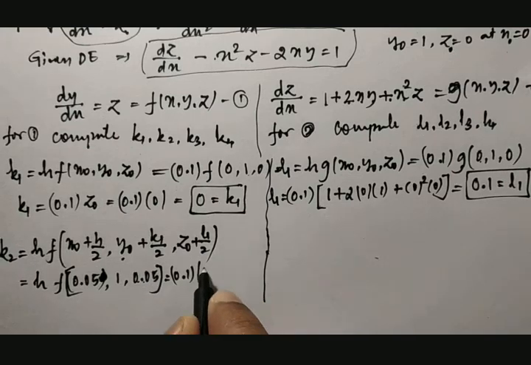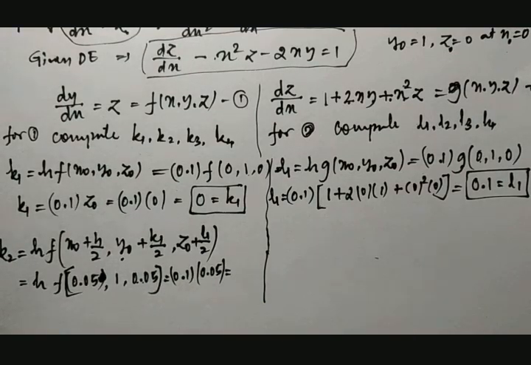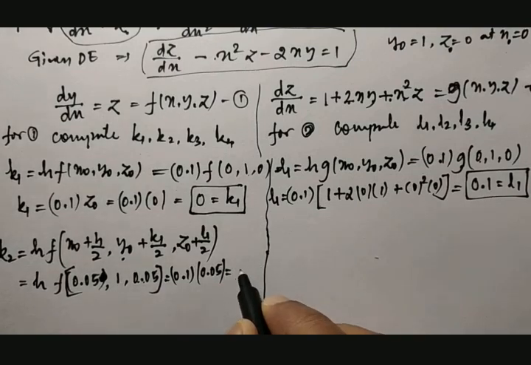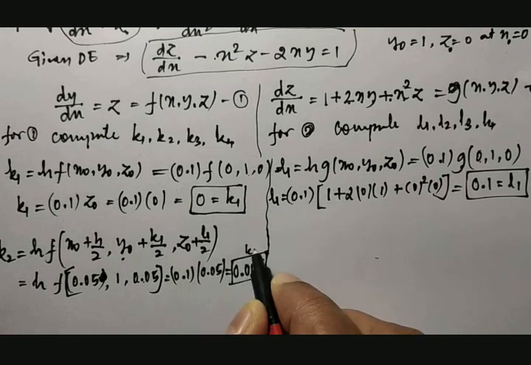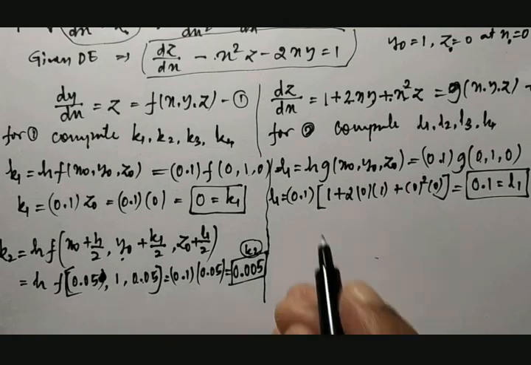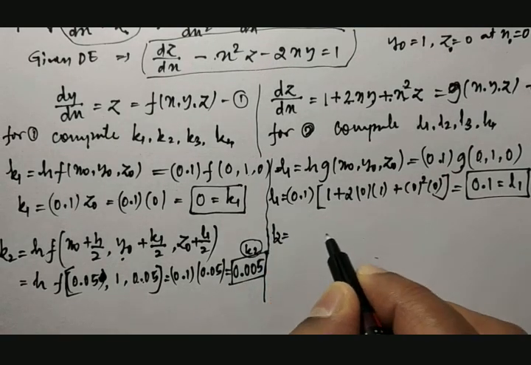So this is 0.1 into 0.05, that is nothing but 0.005. This is K2.